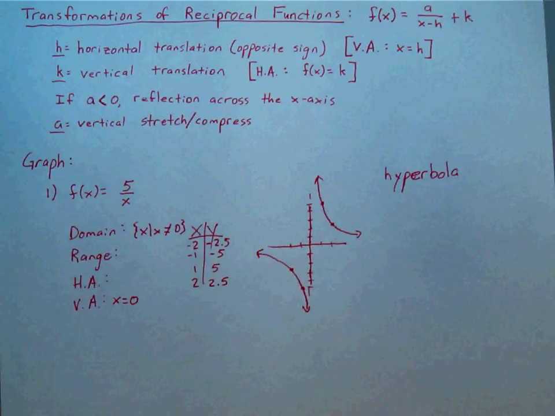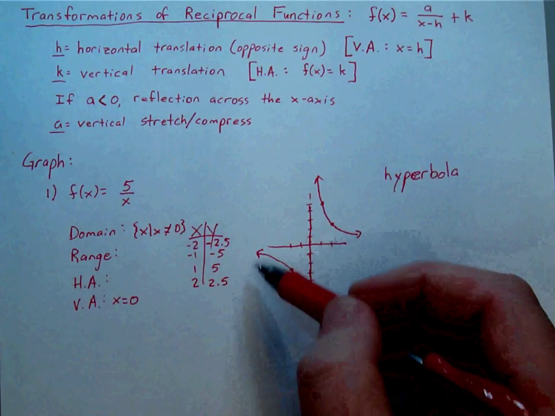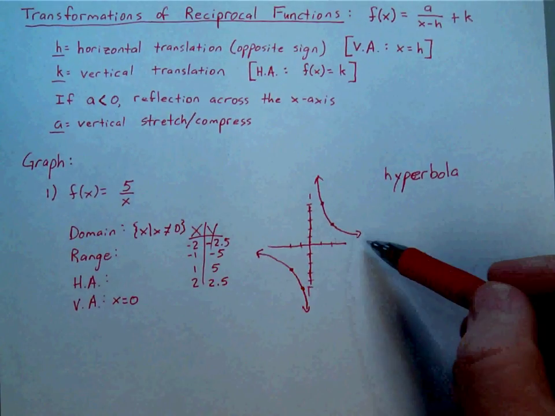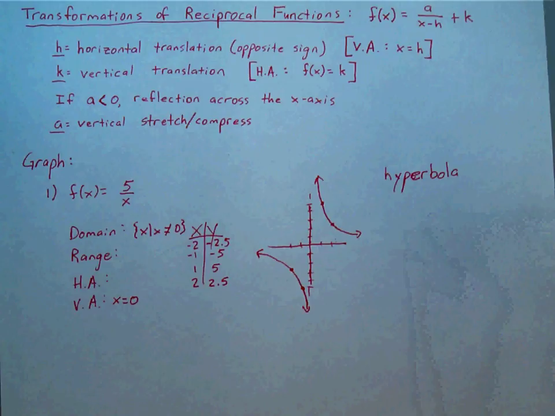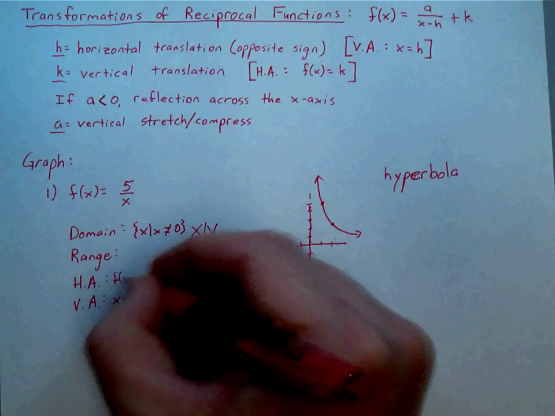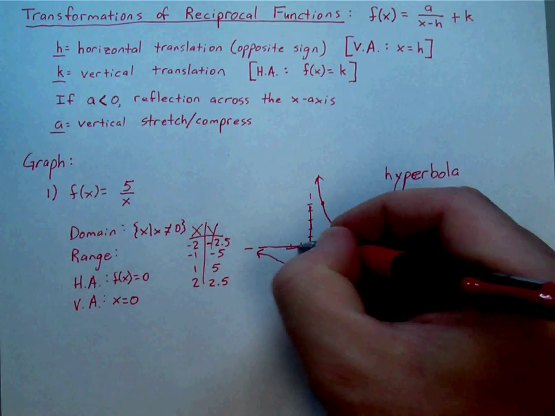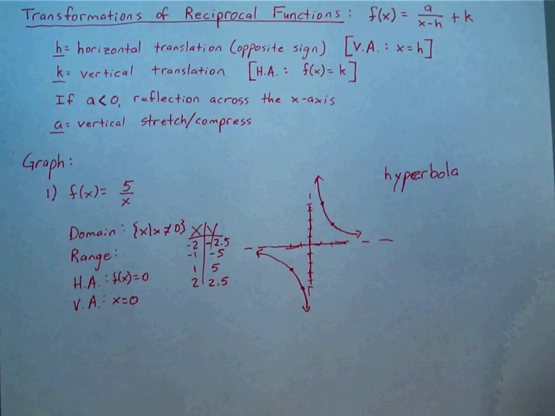Now, if we were to graph this on the calculator or pick more and more points, we realize that as we travel to the right on the right branch or travel to the left on the left branch, it's getting closer and closer to 0, but it actually won't be 0. So we do have a horizontal asymptote as well at f of x equals 0. So there's an asymptote here too, which does truly split the graph into quadrants.